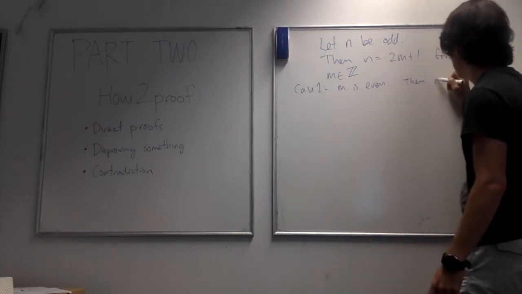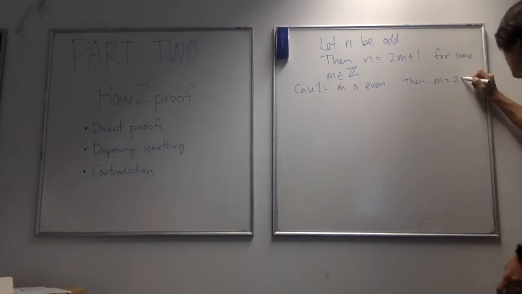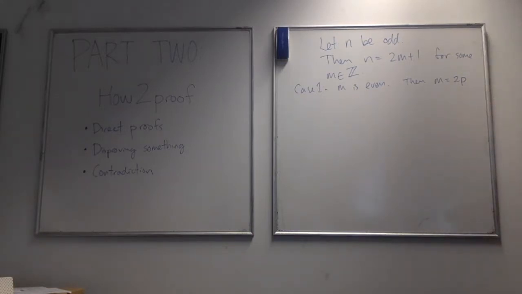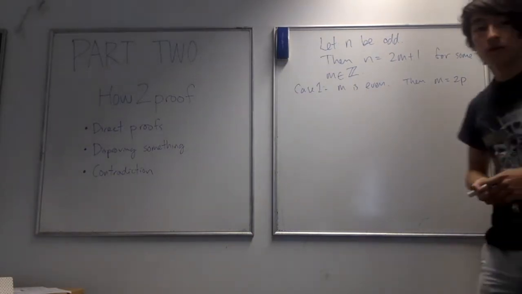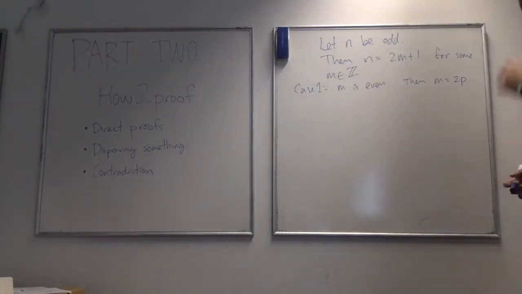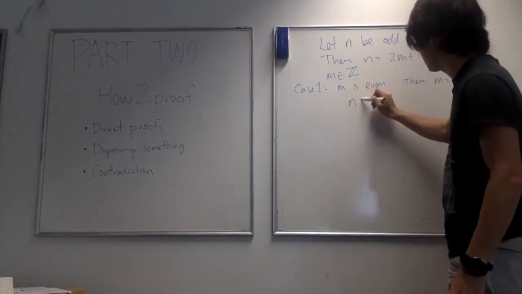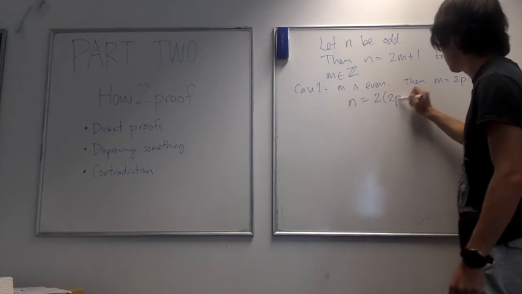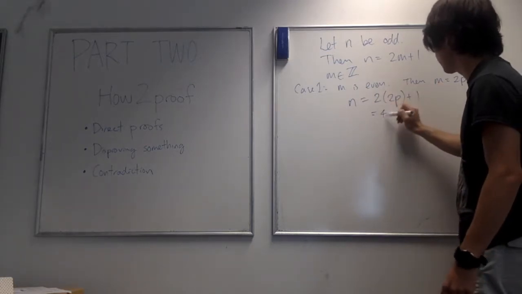Then m equals 2p for some integer p. Ooh, screen went dark. Oh no, alright. So then m equals 2p. So then n equals 2 times 2p plus 1, which is equal to 4p plus 1.